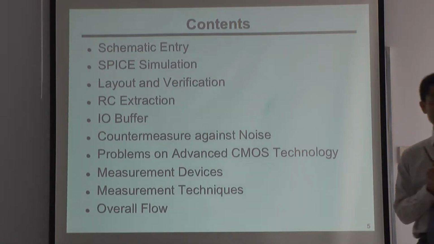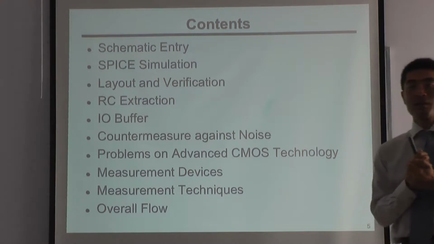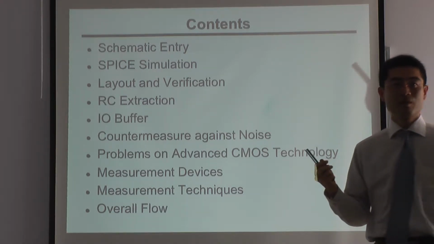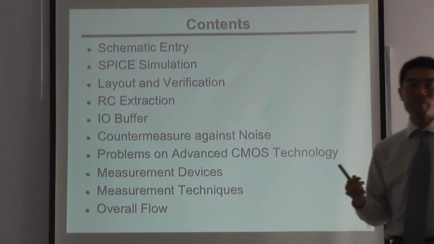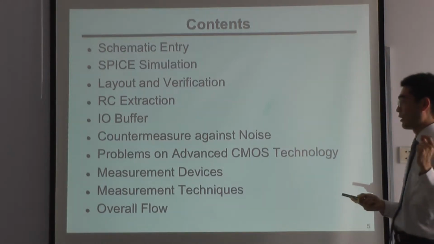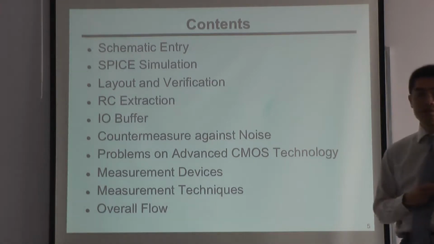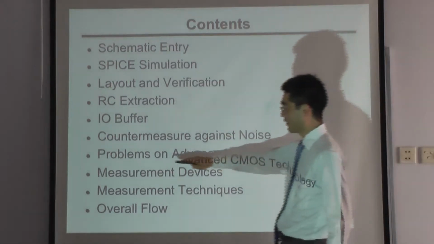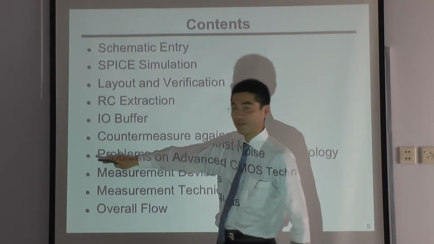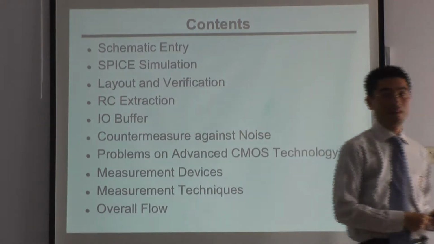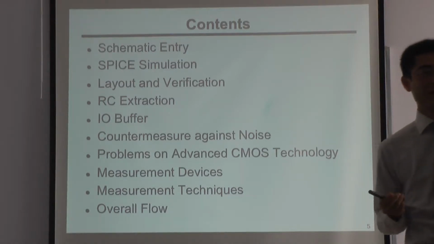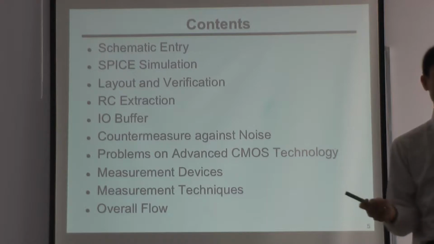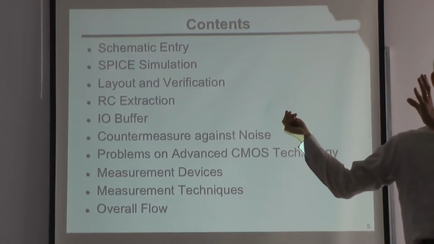And also recently, we are using 90 nanometer, 45 nanometer, 28 nanometer processes, and we have plenty of problems. So I'm talking about the problems in advanced CMOS technologies. And from here, this is the design side. After designing your circuit, you fabricate a chip, or maybe you don't fabricate it yourself, you ask someone to fabricate it.